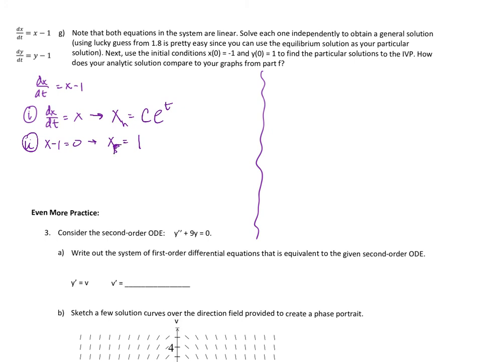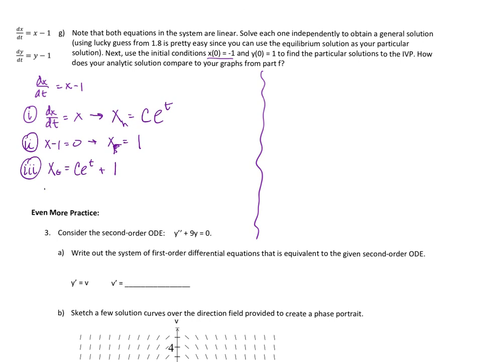So my step 3 is to add these together. X general is x homogeneous, c e^t, plus x particular, 1. And then we solve for c by using the initial condition that x of 0 equals negative 1.